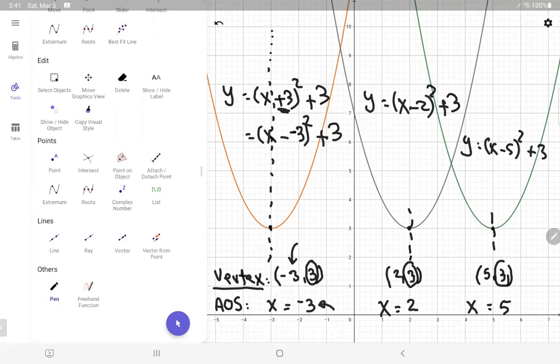Why did I rewrite the first one? Because look, the axis of symmetry, or the vertex, this is the 2 here, and this is the 3 here. Do you agree?